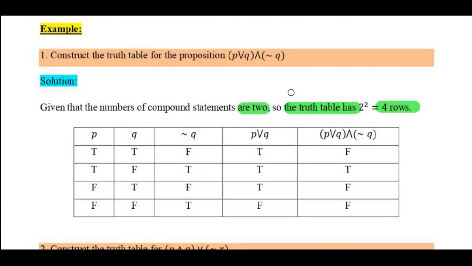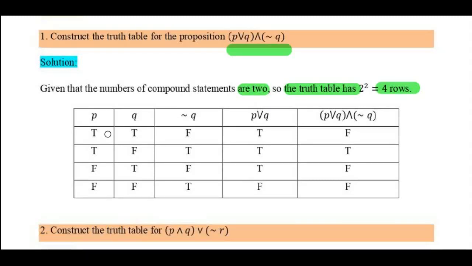Now we write the P statement separately, the Q statement separately, then we write negation Q separately, then P ∨ Q, then the given statement values. Here we have one shortcut idea for writing P. You divide 4 by 2 and you get 2.